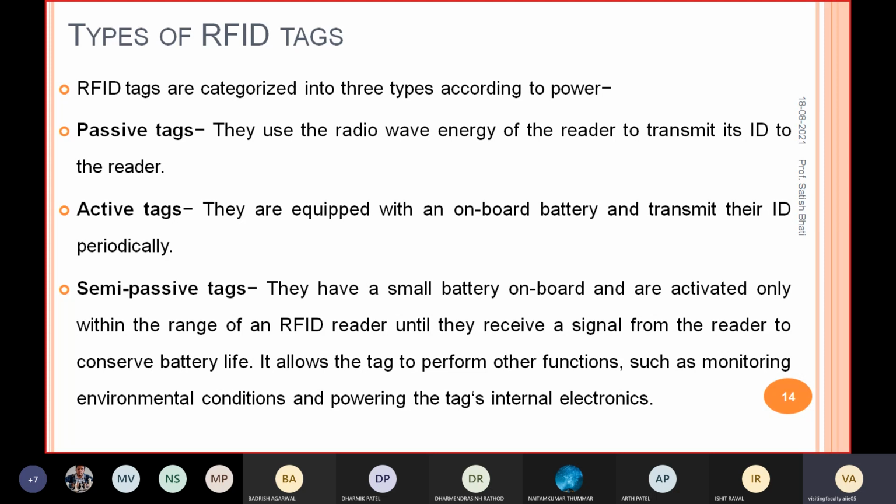For example, maybe in your tag you have some sensor, and the function of the sensor is to continuously monitor the environmental condition, for example temperature, right? Then your onboard battery will be used whenever you are doing that function, right? So this is about the types, or we can say how we can categorize the RFID tag, based on the power which the RFID tag will use to transmit the signal, right?